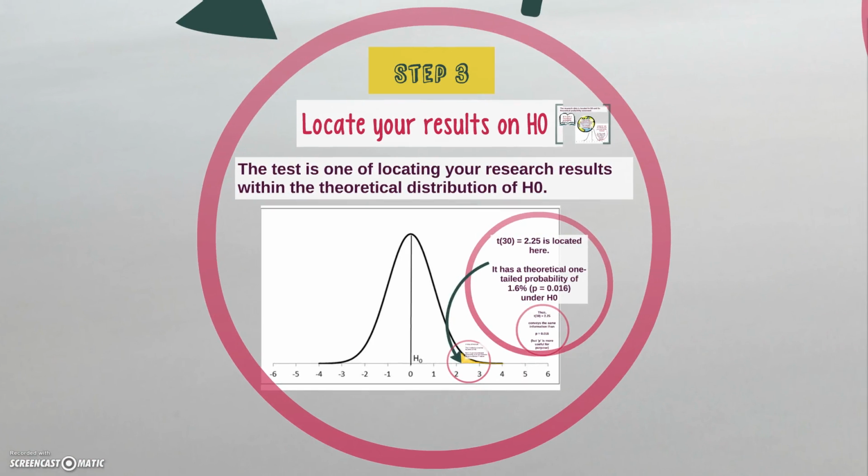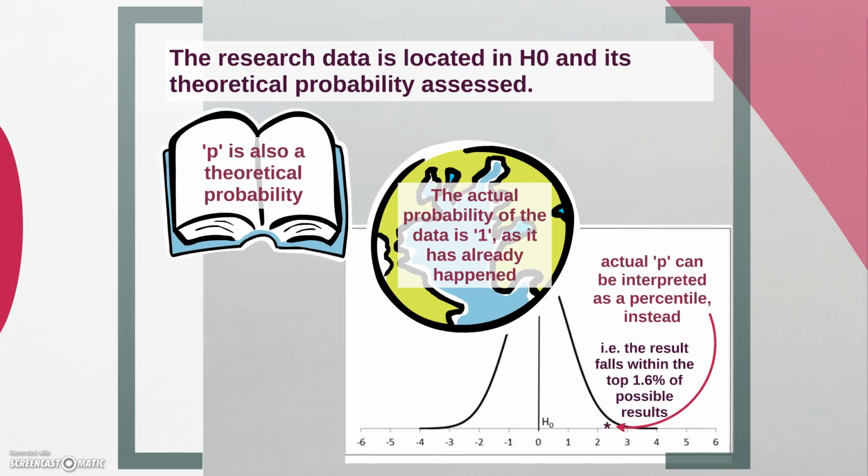Our third step was that once you have the distribution, you locate your research results on that distribution, to see how far into the details of the distribution it is, how extreme the result is. So basically, we locate our research results against the theoretical t-value on that distribution, and we know the theoretical probability of those values in that distribution.